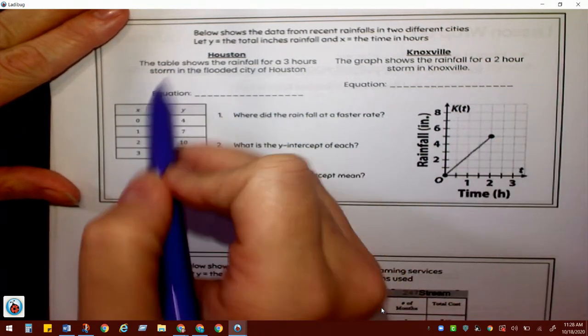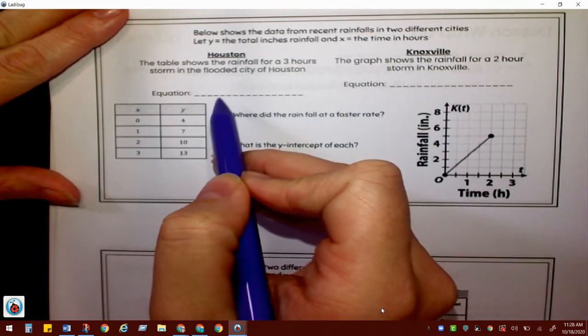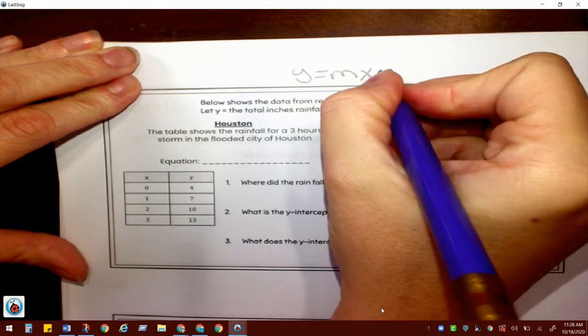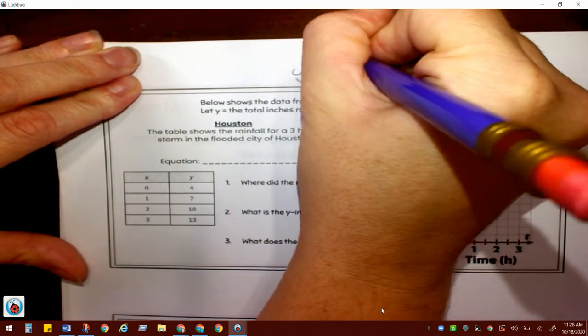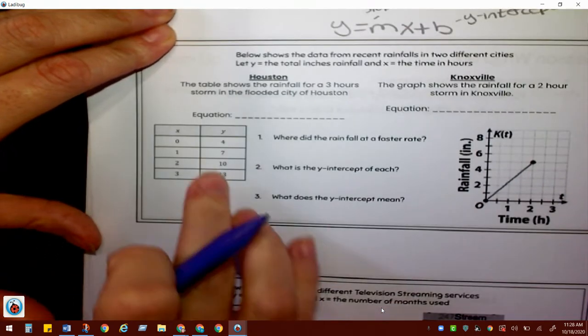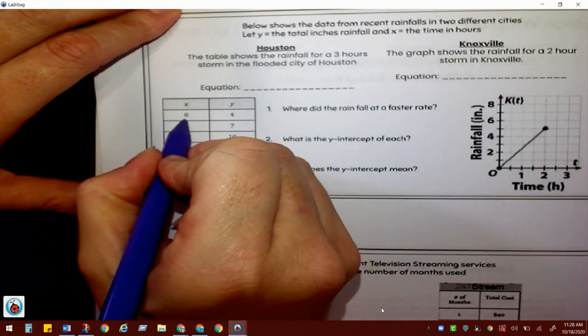So like I just mentioned, the best way to do this is to create an equation. And when we create equations, we want to put them in slope-intercept form, so that y equals mx plus b. So we want to find our slope, and we want to find that y-intercept. Looking at our table, if you can recall how to find slope from a table, we pick 2 points.